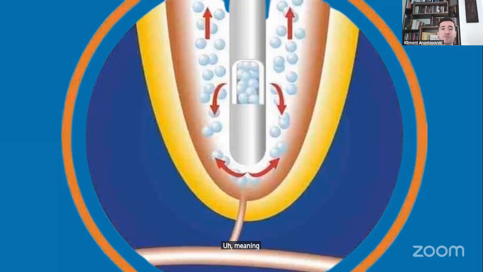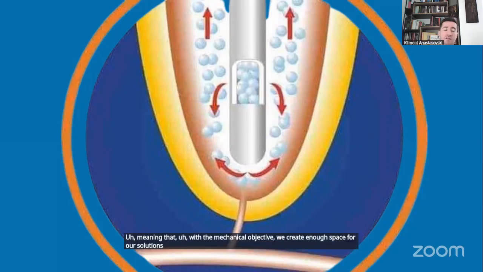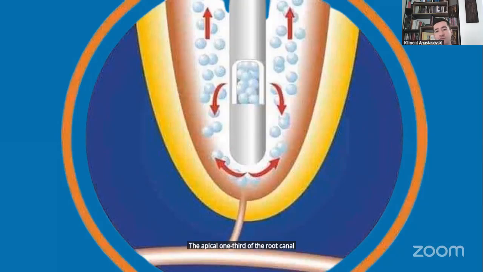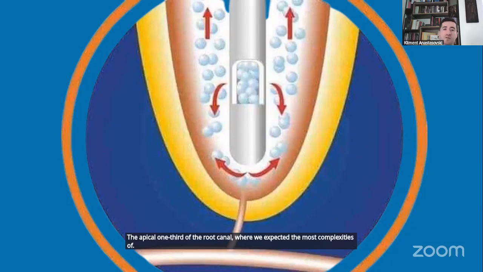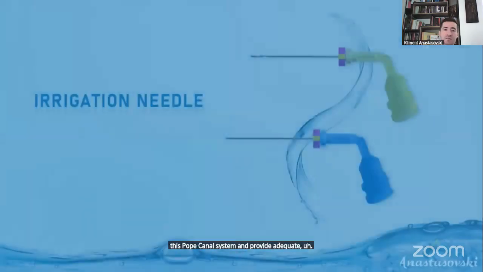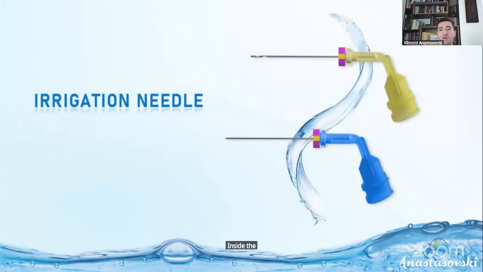Meaning that with the mechanical objective, we create enough space for our solutions, the EDTA and sodium hypochlorite respectively, to reach the apical third of the root canal, where we expect the most complexities of the root canal system, and provide adequate disinfection inside the whole root canal system.